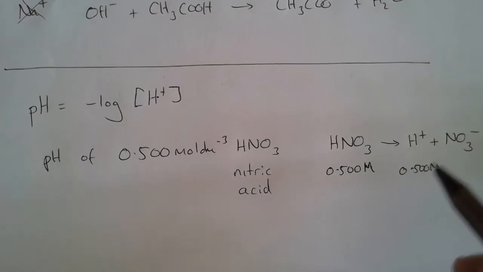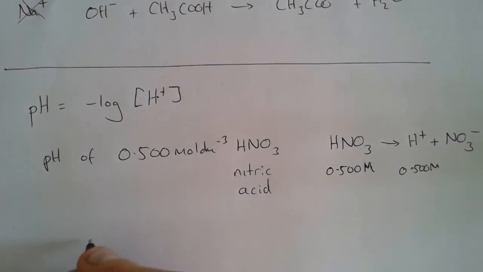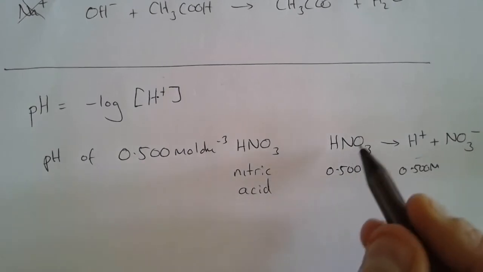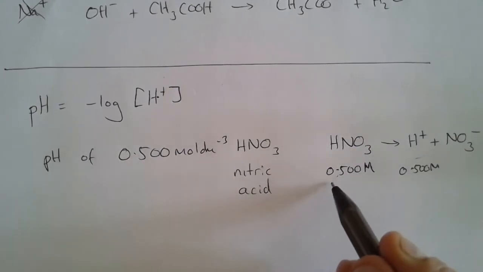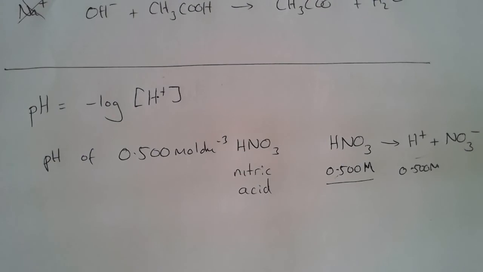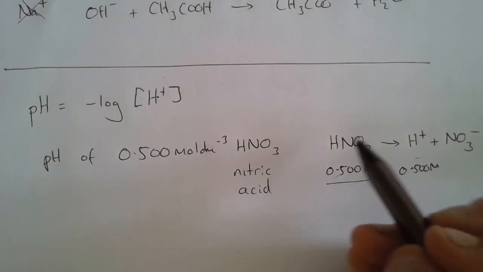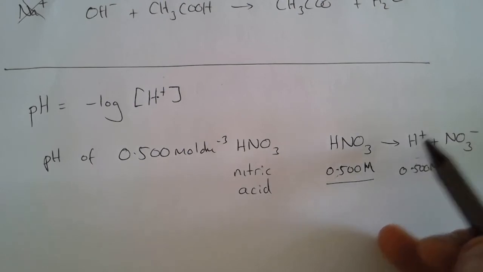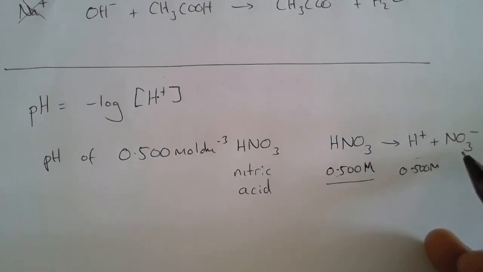So if we want to find the pH of this, we know that the hydrogen ion concentration is equal to the concentration of the acid. So the concentration of the acid was 0.500 molar. Therefore, when it dissociates, every single one of these molecules dissociates to give a H plus ion and an NO3 minus ion.